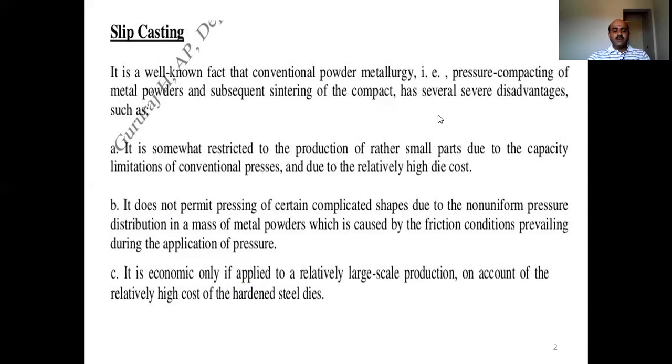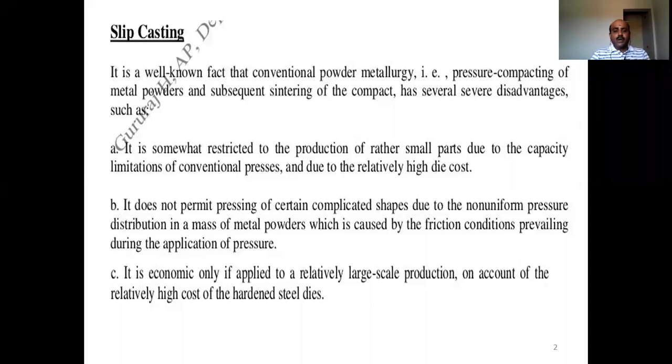Basically, it is one of the well-known conventional powder metallurgy techniques, where there is pressure compacting of metal powders and subsequent sintering of the compact. In this process, the compaction and the sintering will be completed, and it has certain disadvantages, such as being somewhat restricted to the production of rather small parts due to the capacity limitations of the conventional process.